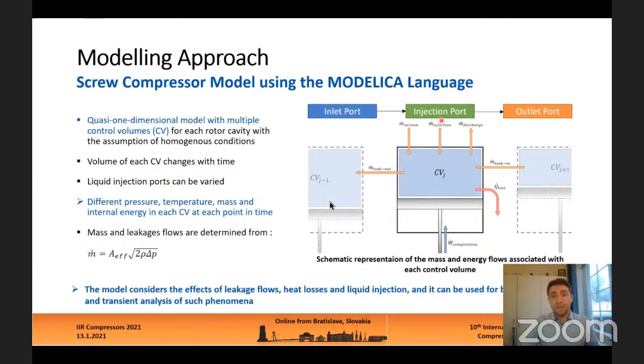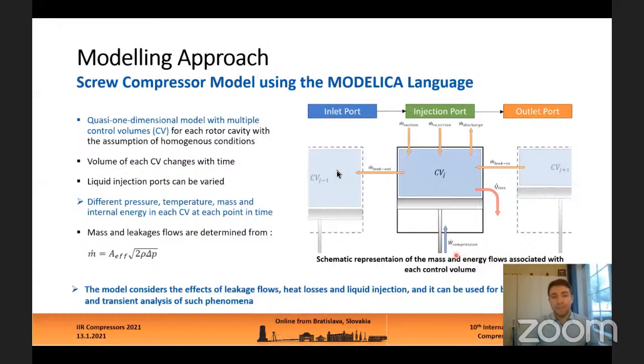And we have liquid injection flexible in between, so we can place it wherever we want. Then mass flow will enter the cavity or the control volume. And this concept leads to different pressure, temperature, mass, and internal energy in each of these control volumes at each point in time.